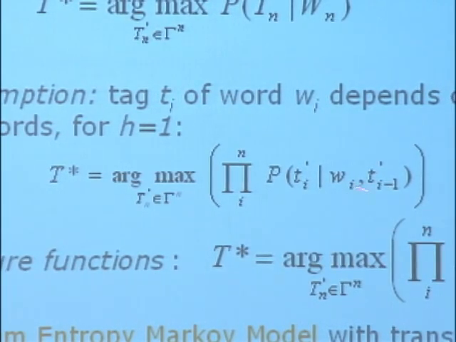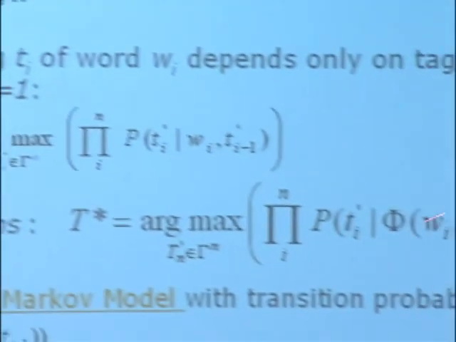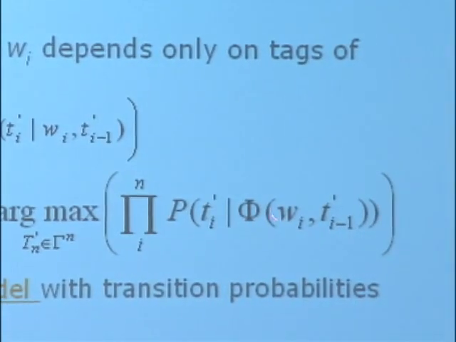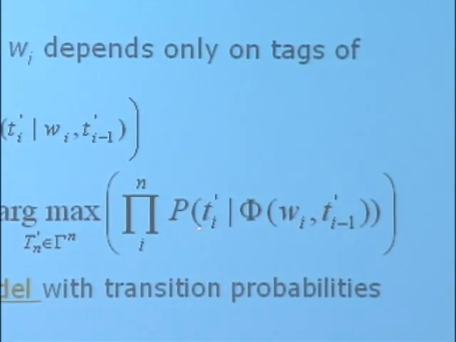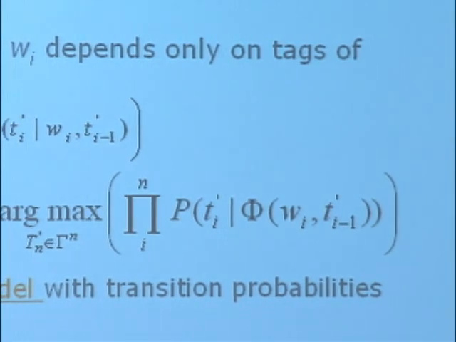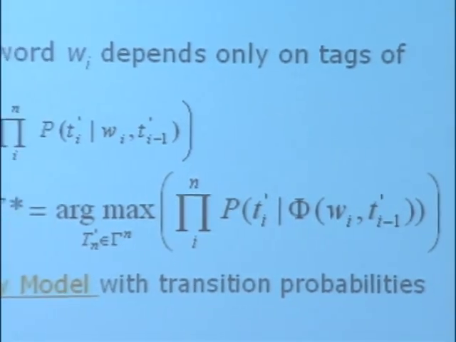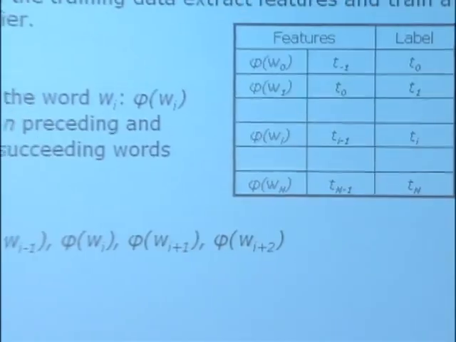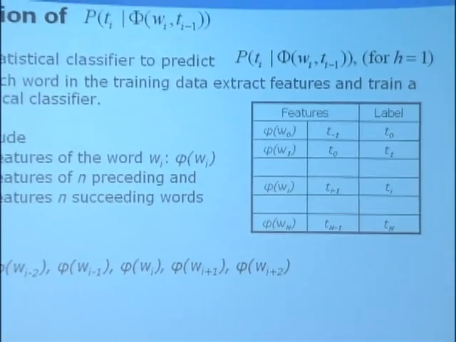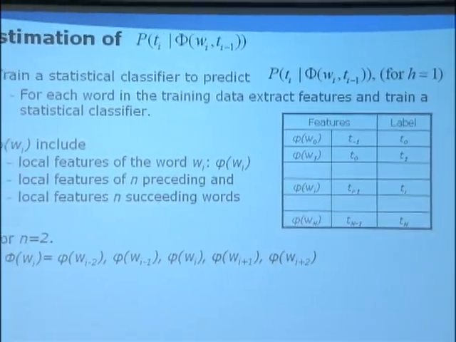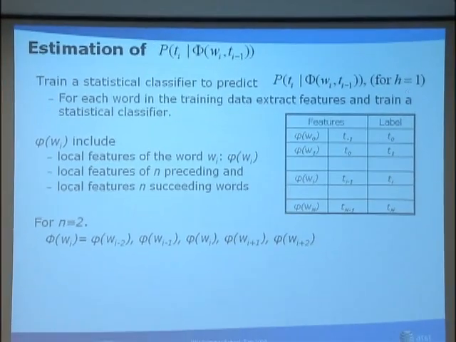Now, however, we can generalize this and say that I'm going to take any feature function, which is phi, of this context. This is the context that I'm trying to use to predict the T_i. So this is the history with 1.